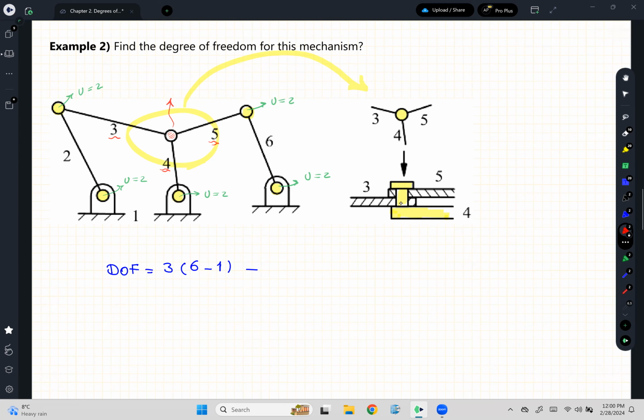Whenever you see three members, your u is not 2, it is 2 plus 2, or 4. Okay? So now let's count how many u's we have. We have 2, 4, 6, 8, 10, and 14.